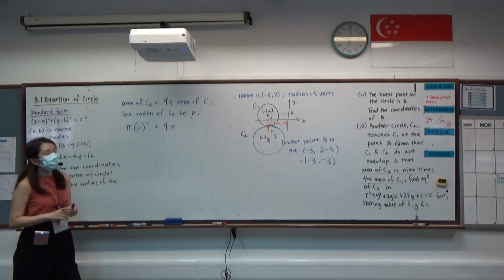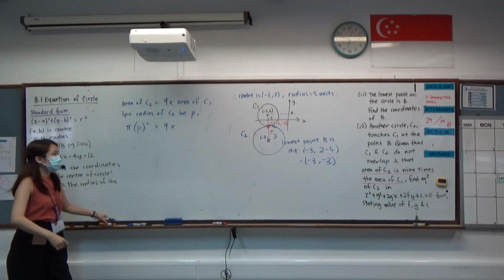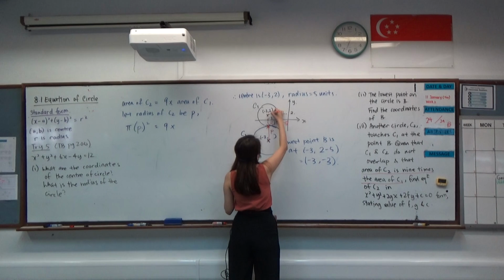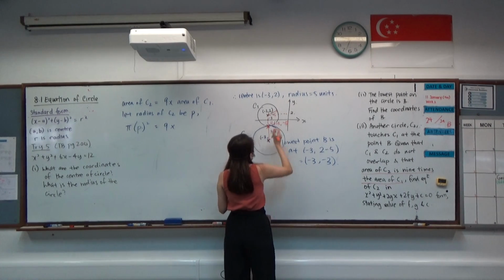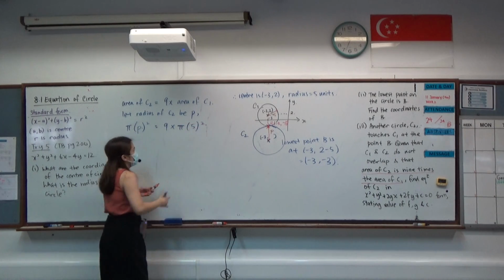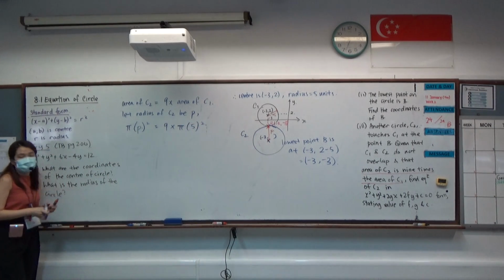For area of C1, the radius we knew is 5 units, so the area will be pi times 5 squared.